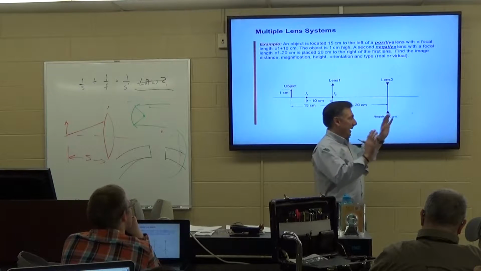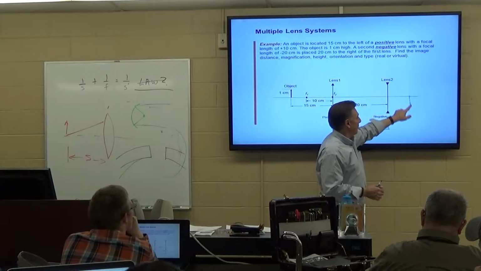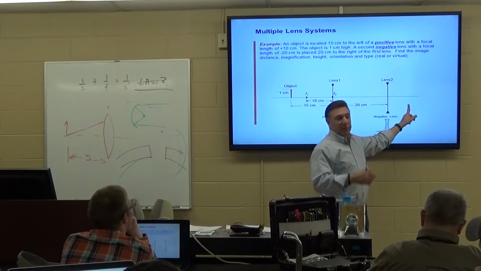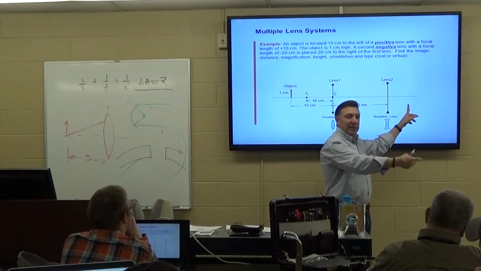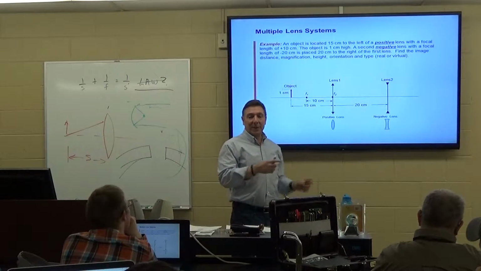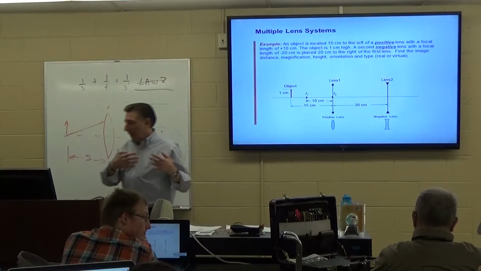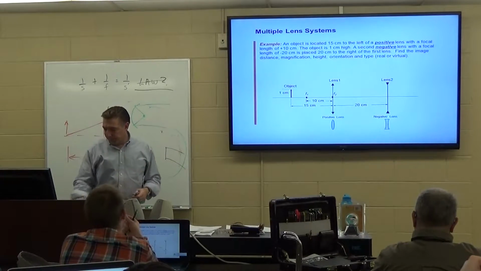Again, when you treat the second lens completely separately, all you have is an object now that's on the right side of the lens, and all that means is that the object location is now positive. Apply the same thin lens equation, treat it separately. Wherever it comes out, it comes out.